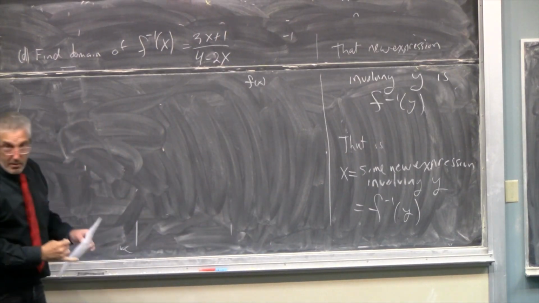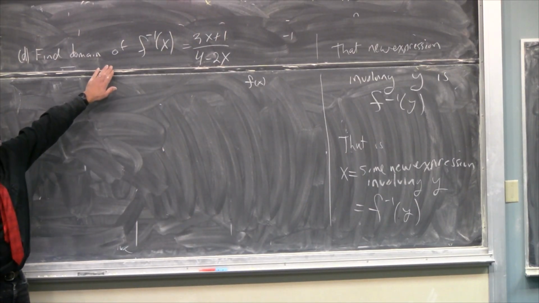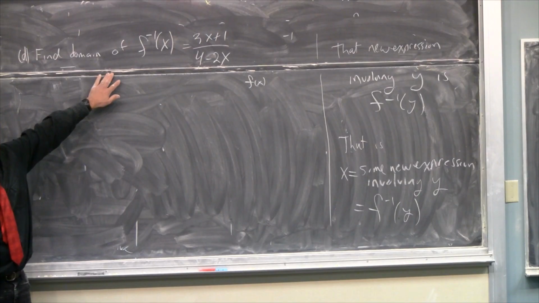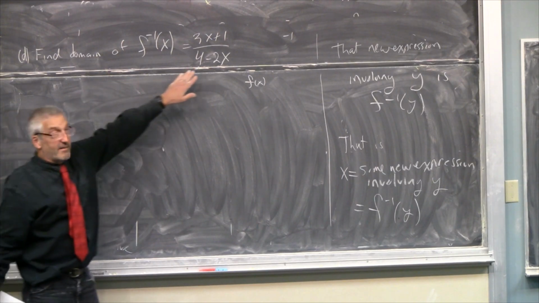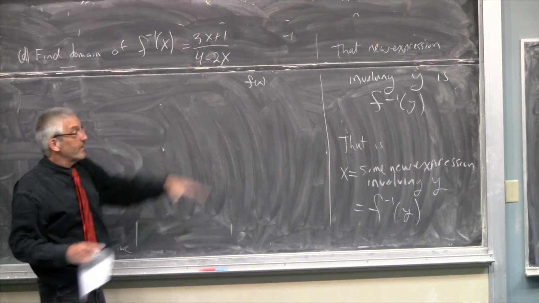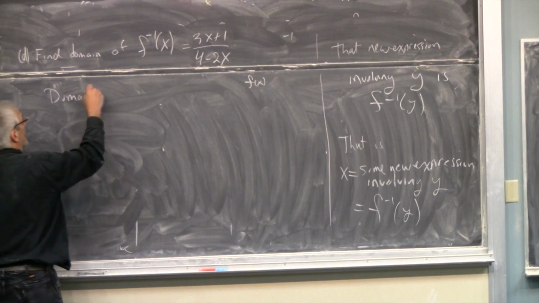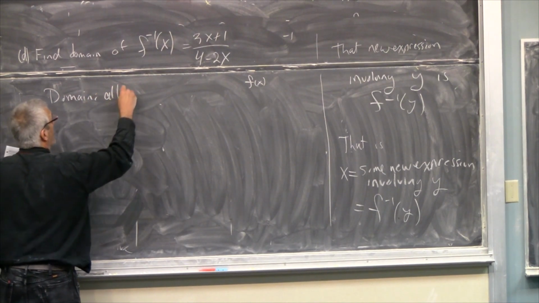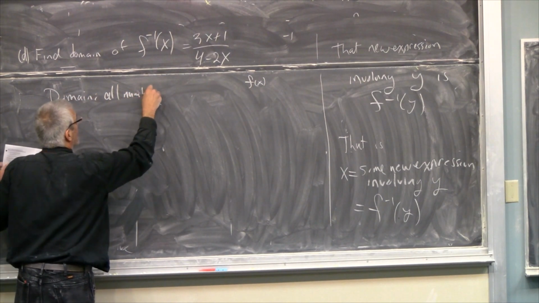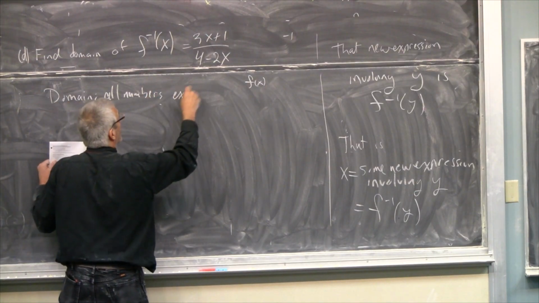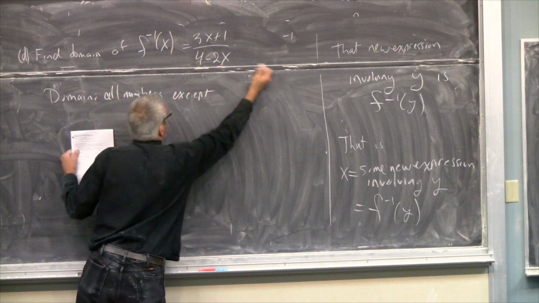Okay, can anybody look at that formula and tell me what the domain of that formula is? Is it all numbers but 2? All numbers except 2. Because if I use x equals 2, I'm going to get a 0 in the denominator. So the domain is all numbers except 2.